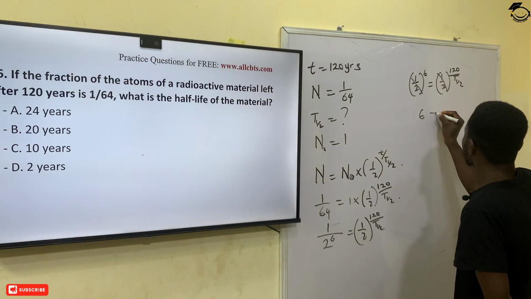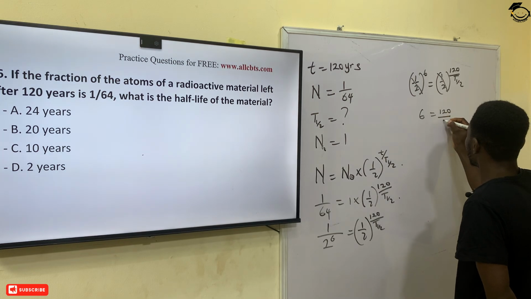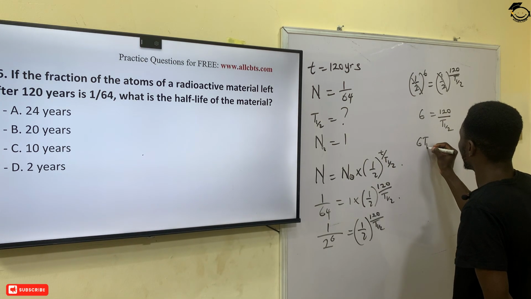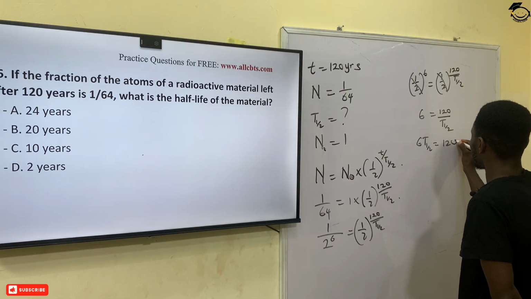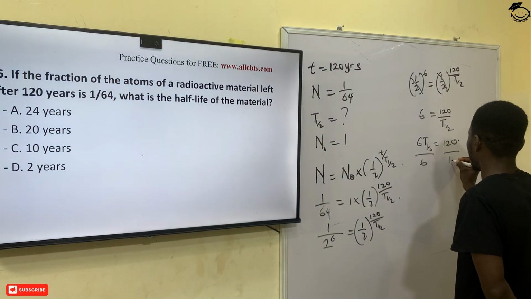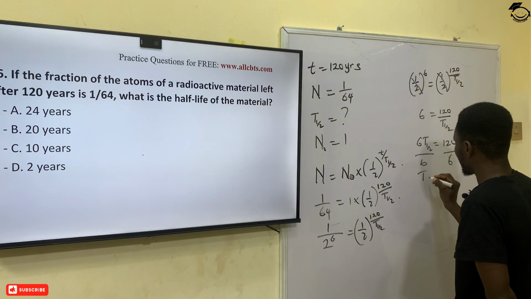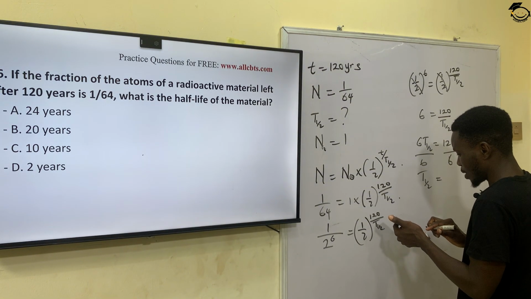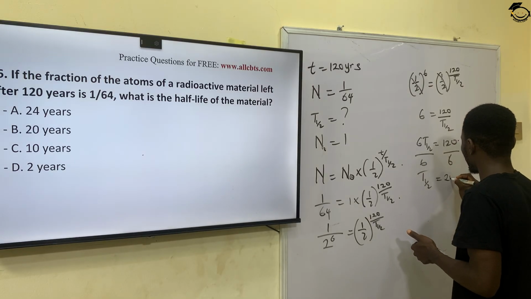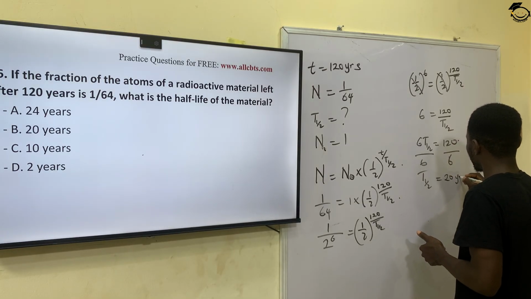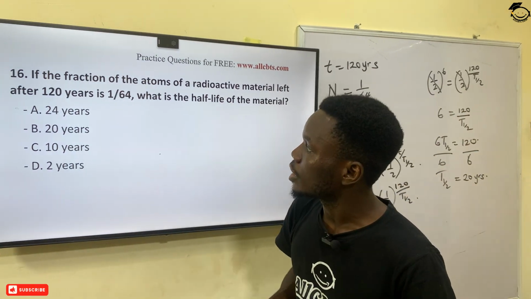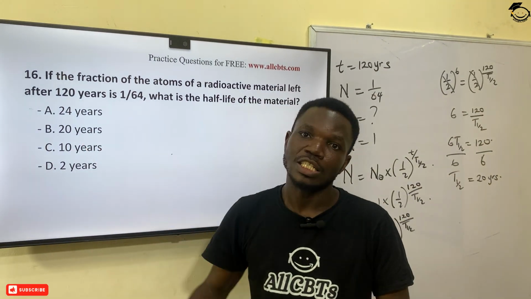I will have 6 is equal to 120 over t half. So if I cross multiply, I have 6 t half is equal to 120. Divide both sides by 6. So it means that my t half is equal to 120 divided by 6, which gives me 20 years. So it means that the half-life of this radioactive material is 20 years, and that is option B.